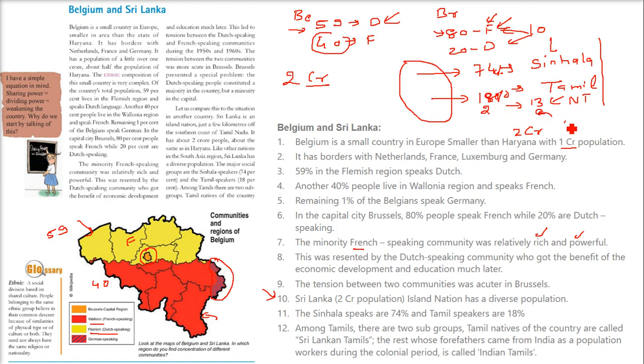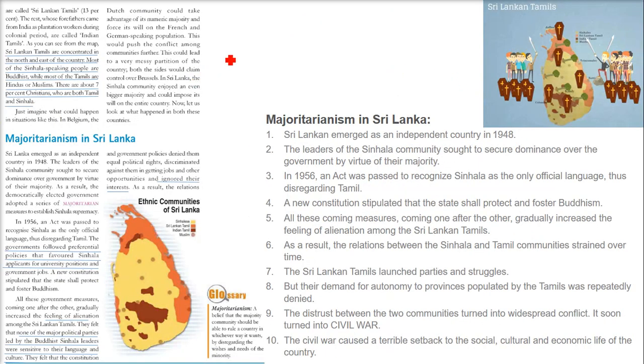And the other Tamils have come from India, because in Sri Lanka there are various places to work, especially the chai bagans, the tea gardens. So these Tamils who went from Tamil Nadu or the Indian region to the Sri Lankan Tamil region are called Indian Tamils. So we have two subgroups here, Indian Tamils and Sri Lankan Tamils.